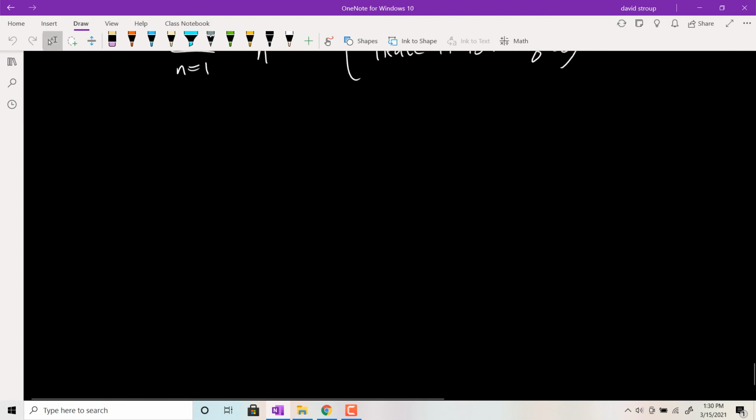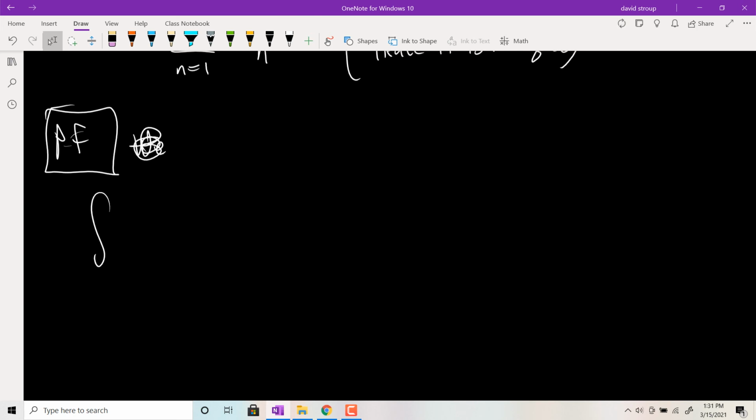Okay, so I guess I call this a proof. I don't really want to call it that, but okay. What are we dealing with? The integral of 1 all over x to the pth power dx, basically.